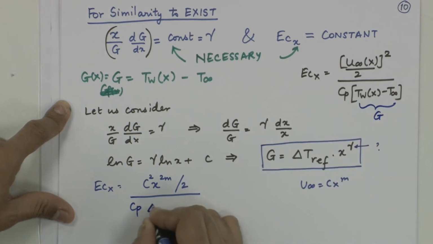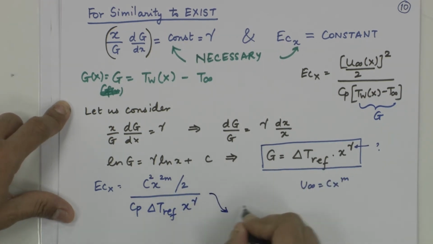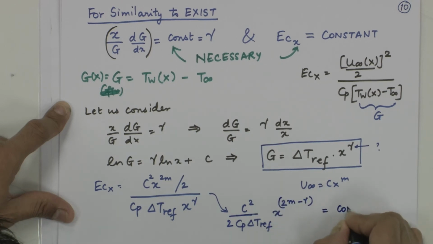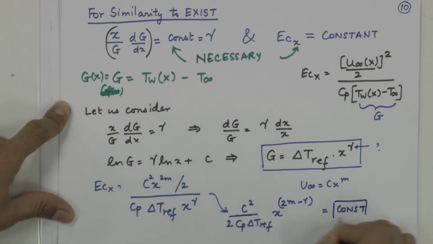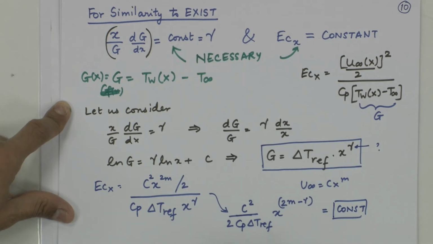So g is nothing but delta T ref x to the power gamma from here. Therefore, I get this as c squared by 2 Cp delta T ref, you keep it here as it is, no problem, times x to the power 2m minus gamma. This whole thing should be equal to a constant. This was my constraint here, right? So this should be constant.